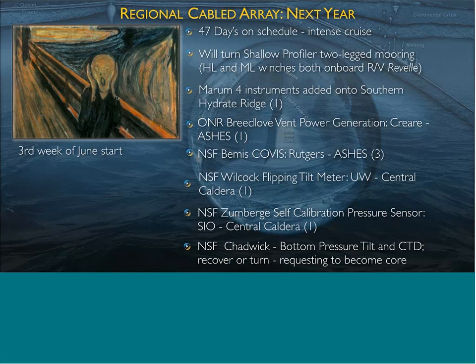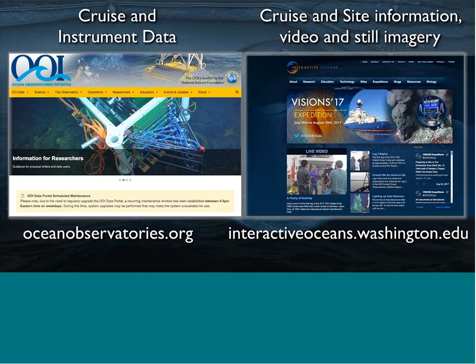This summer we'll either recover or keep the Bill Chadwick sensors out there. We're working through a process on how instruments might become core, and there's a request into NSF for that now.